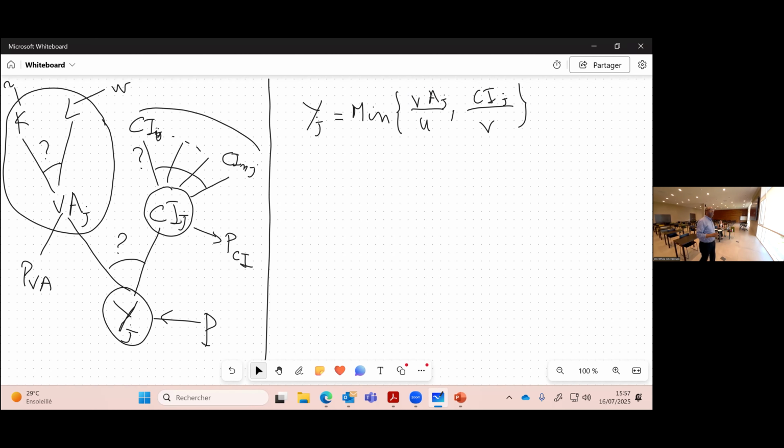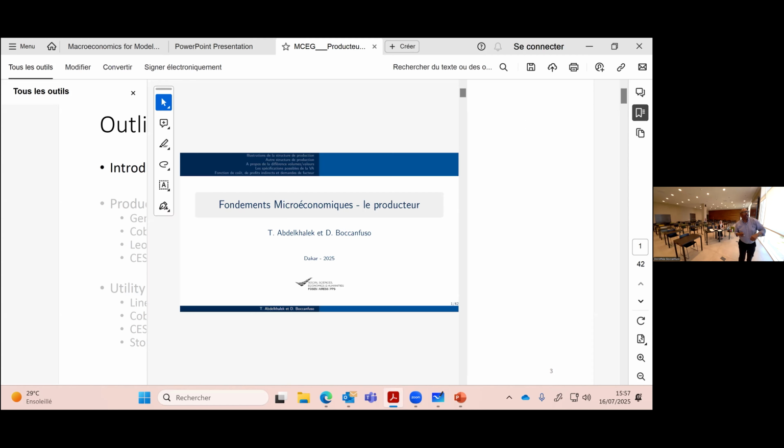This is a Leontief specification. Why Leontief? Because generally when we have to produce, there is no possible substitution between intermediate consumption and value added. We have to use the 2 simultaneously. And we have something like this.